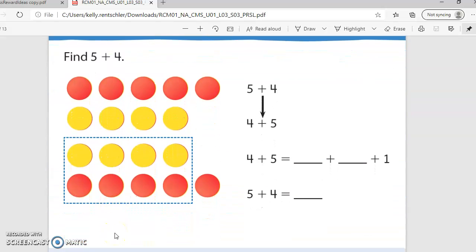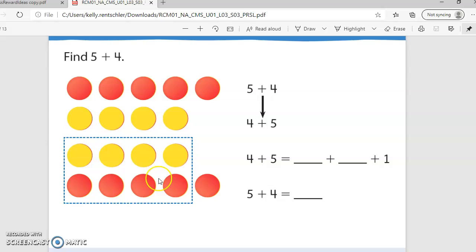And remember when we were looking at near doubles and we drew this rectangle around our counters to show that this is a double, but then there's one more that we have to add. They're showing you that you can do 5 and then plus 4, or 4 plus 5.